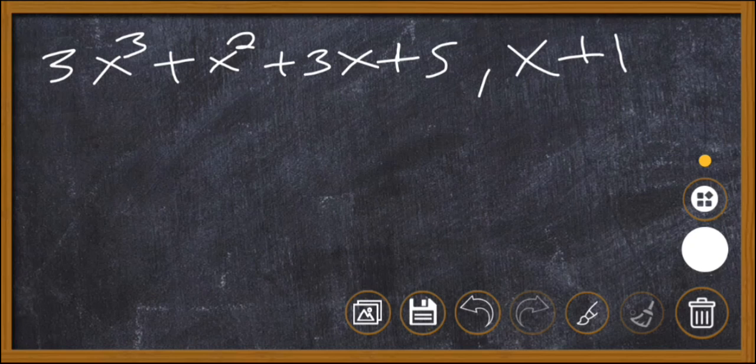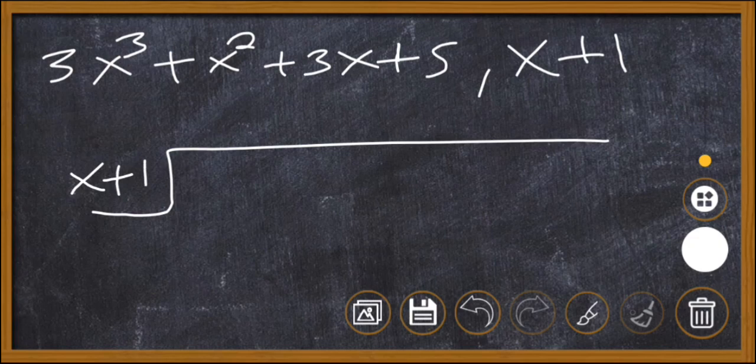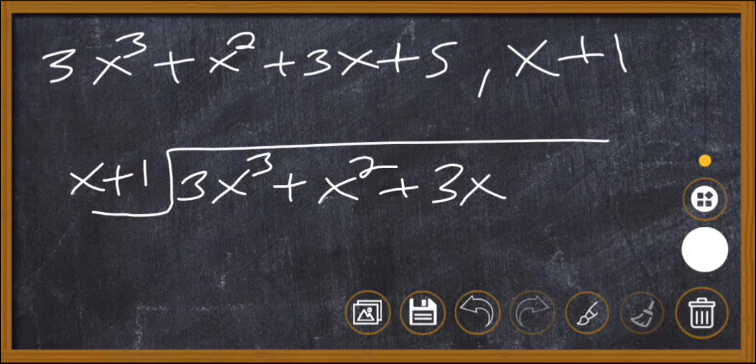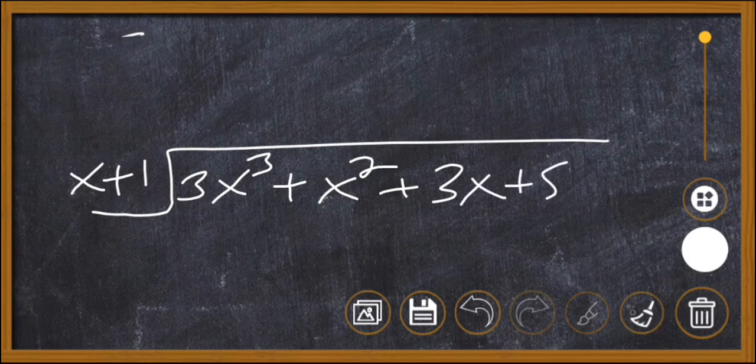We are going to write the divisor here, that is x plus 1, and inside we are going to have 3x power 3, plus x squared, plus 3x plus 5. Let me just write it on top here for the sake of space.